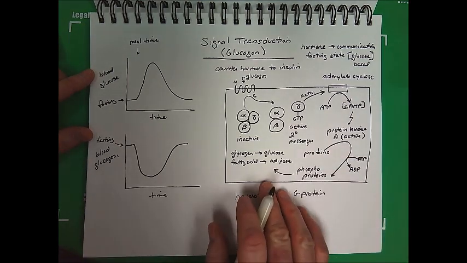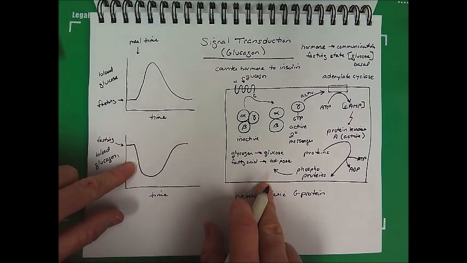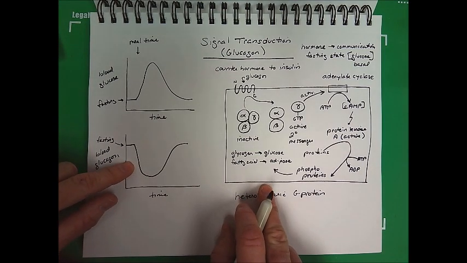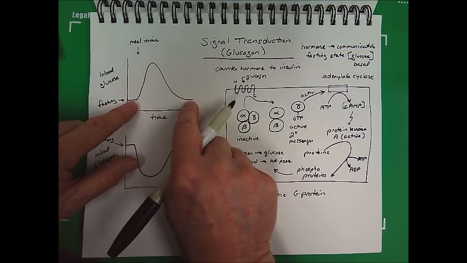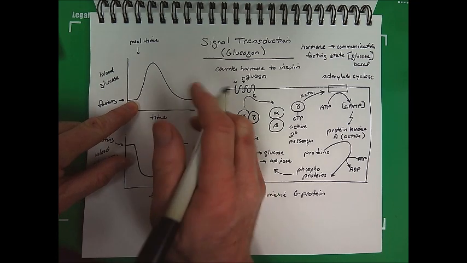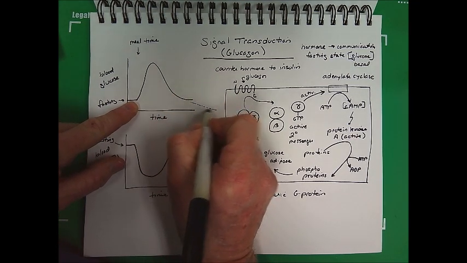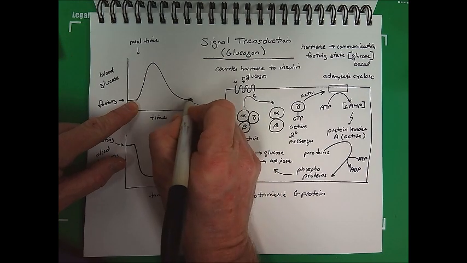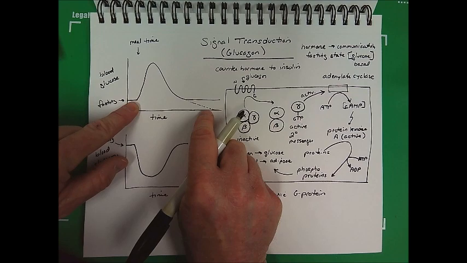Now, an important point to note here is that glucagon is involved in maintaining blood glucose levels. So what does that mean? This level here that we look at, blood glucose levels, in a fasting state, you could picture that this would continually decrease until we have no glucose left in our blood.